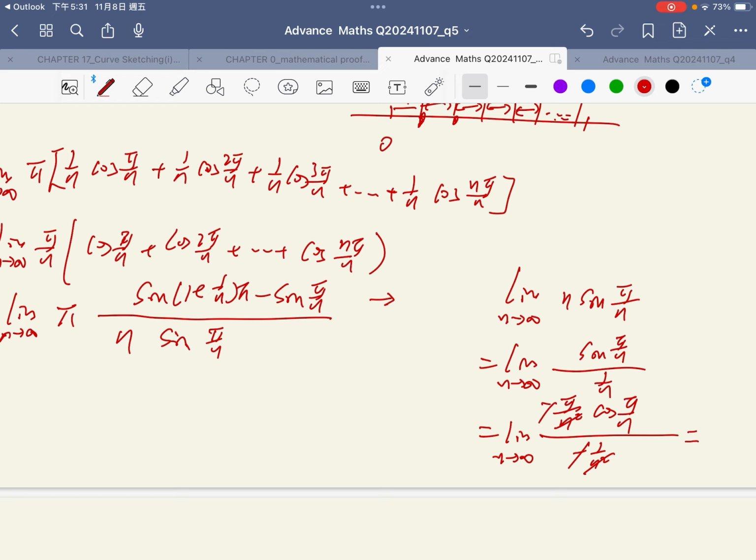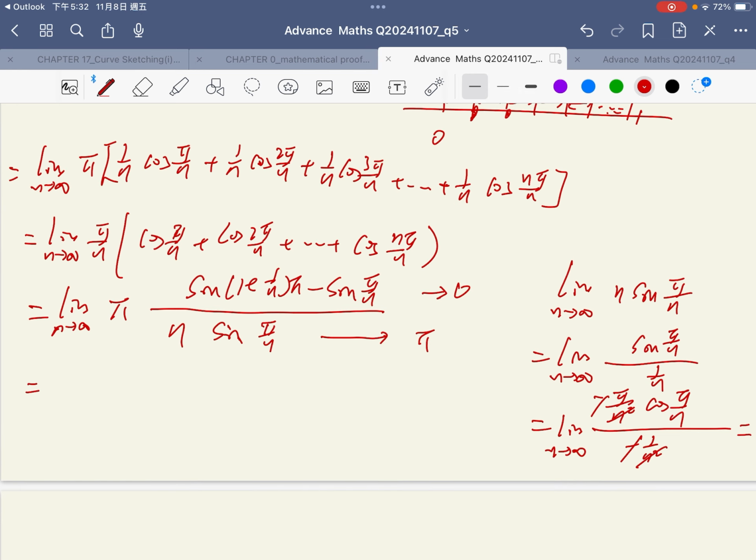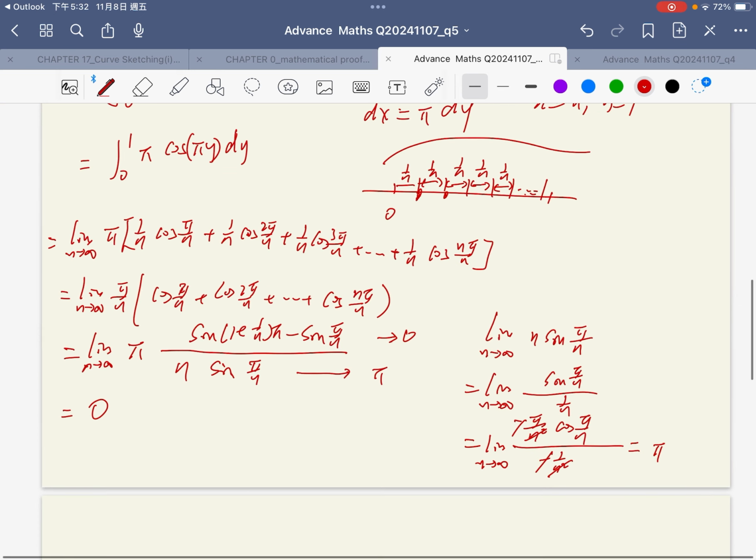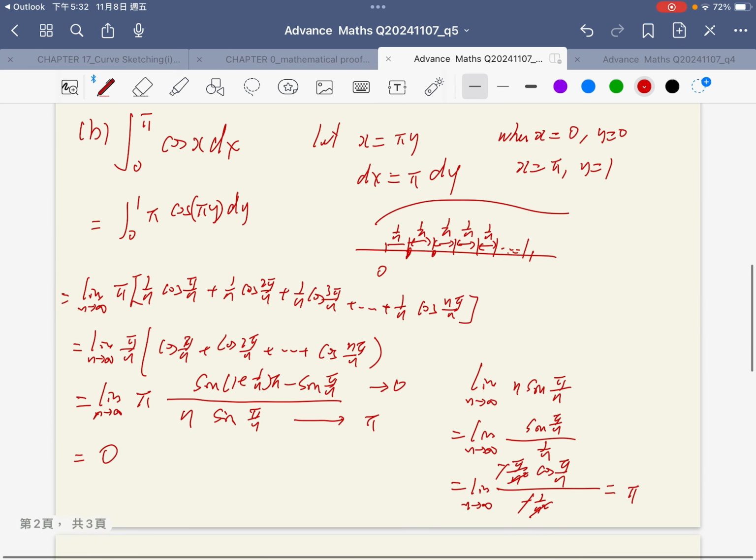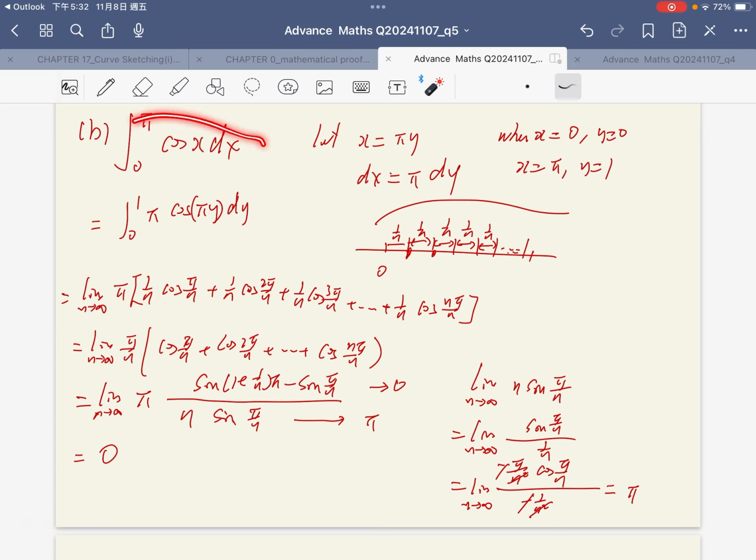The limit should be equal to pi. Therefore, the denominator tends to pi and the numerator tends to 0, so overall the limit tends to 0. That is, by the Riemann sum, the integral of cosine x dx from 0 to pi is equal to 0. That's a very nice problem.